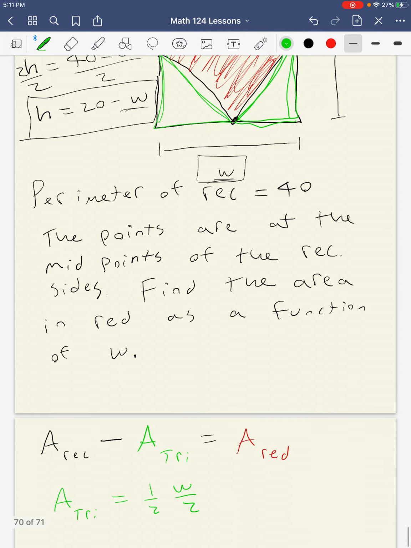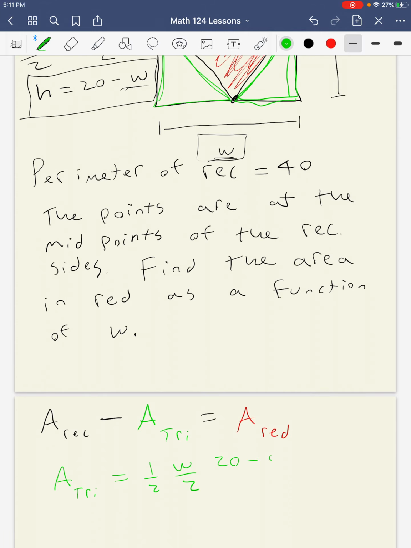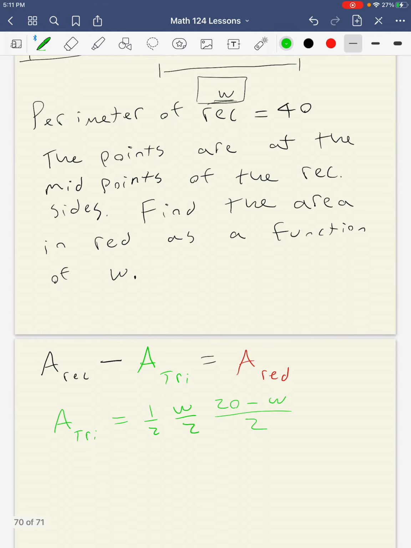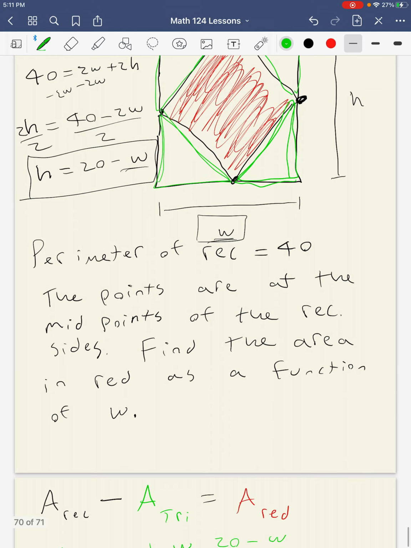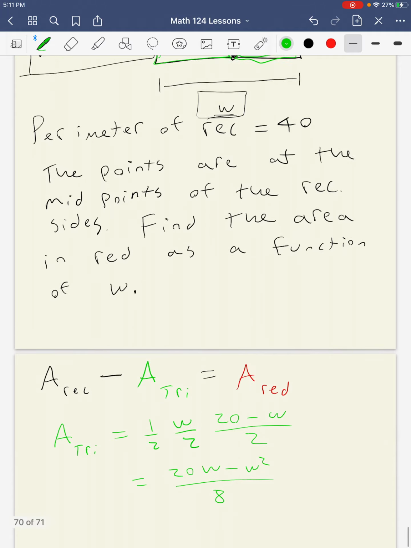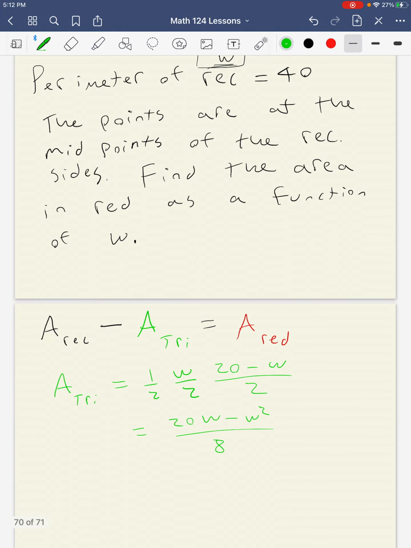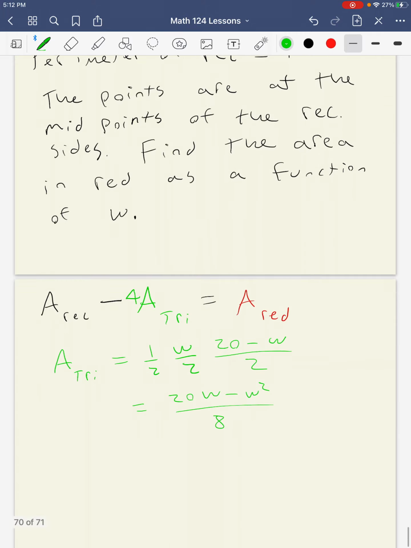Okay, so the height was 20 minus W. We cut it in half. Okay, so we have 20W minus W squared all over 8. That's the area of the triangle. And from this picture, there are 4 of them, 4 triangles. So we should minus out 4 of the triangles.